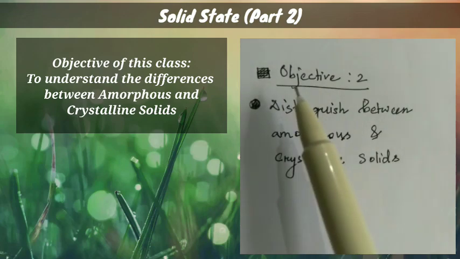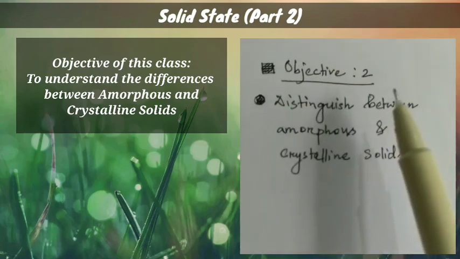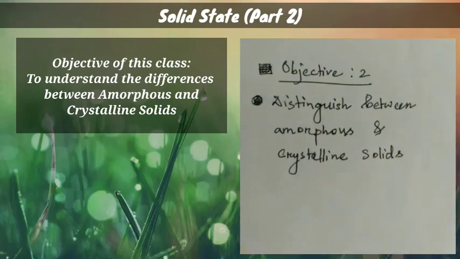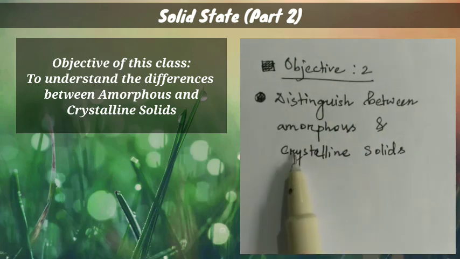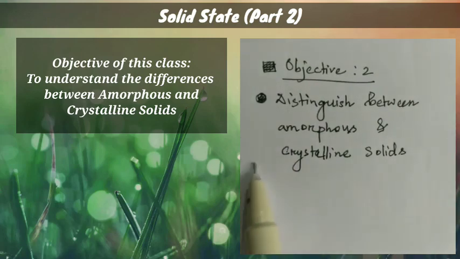we're going to discuss the second objective of this chapter, the solid state, which is to understand the types of solids. What is the definition of the types of solids, and what is the basis of the difference between these types of solids?